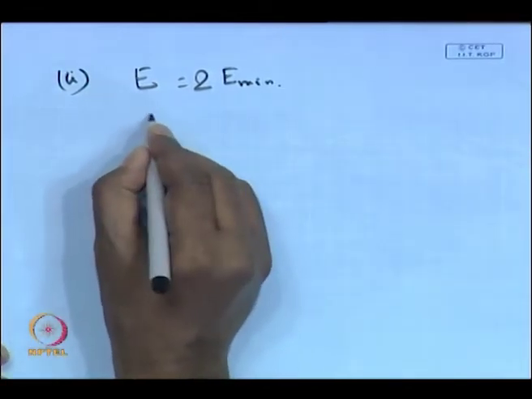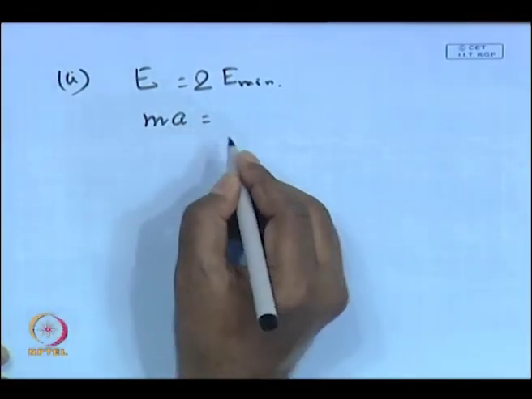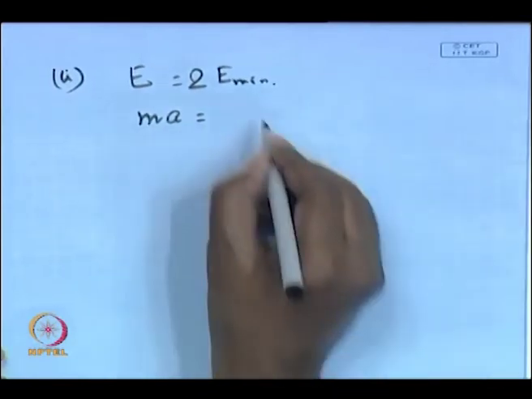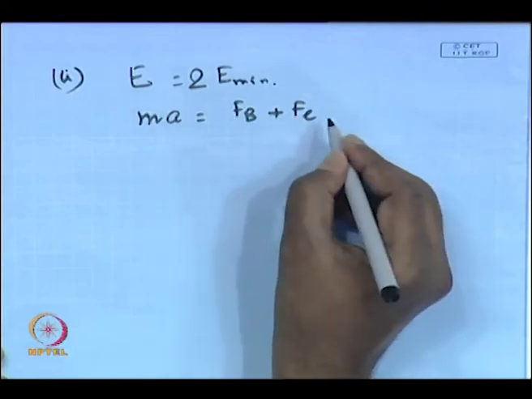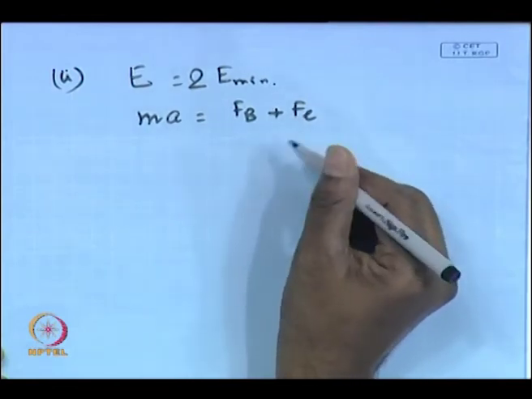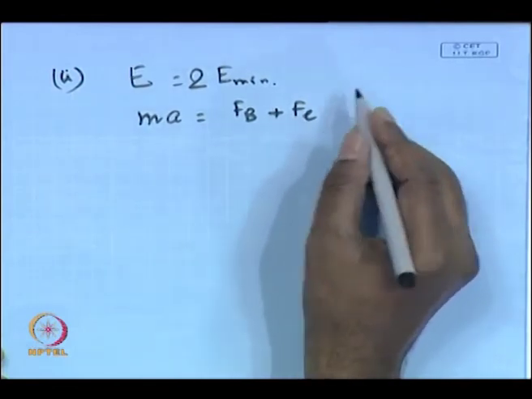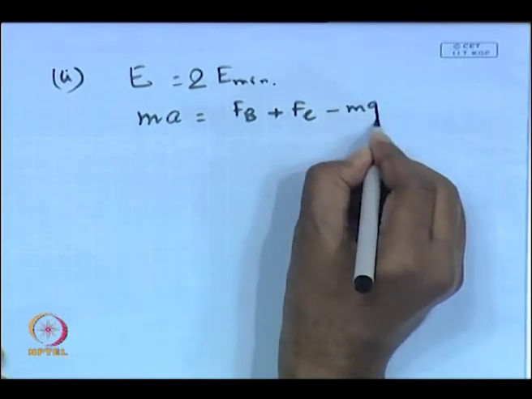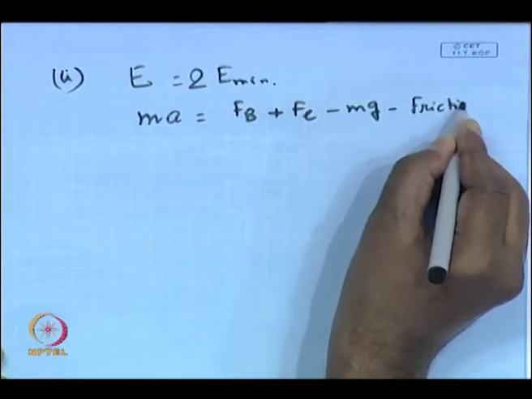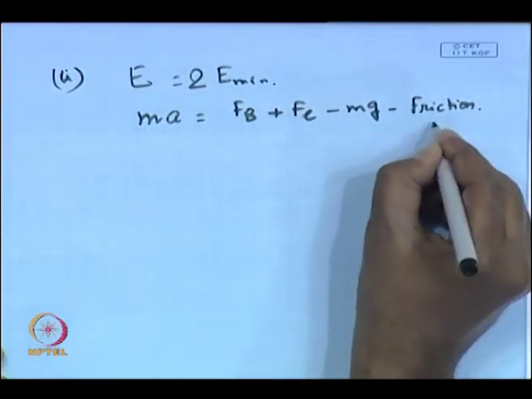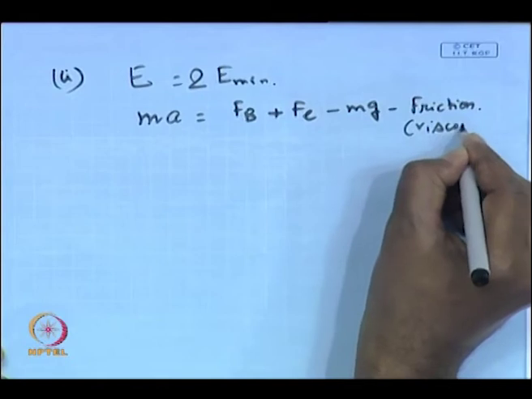So, mass times acceleration will be the net upward forces, Fb plus Fe, buoyant force plus electrostatic attractive force, and the opposing forces are mg and the friction force, friction or viscous drag, whatever you call it.